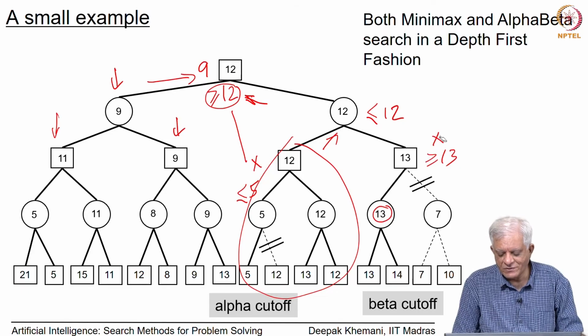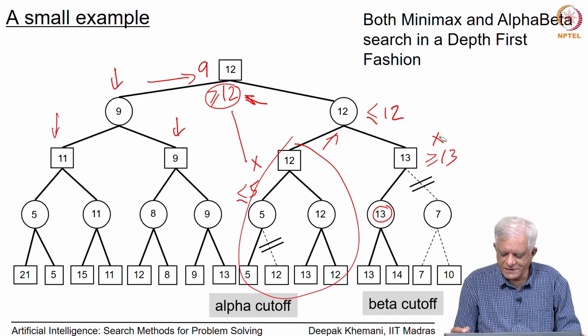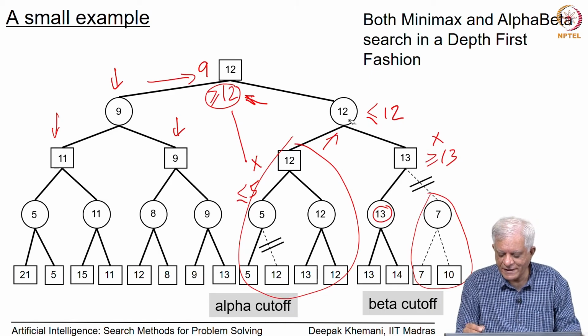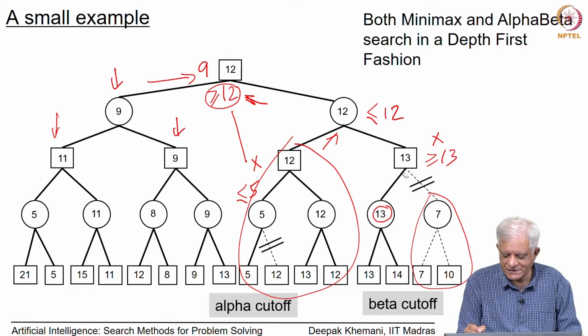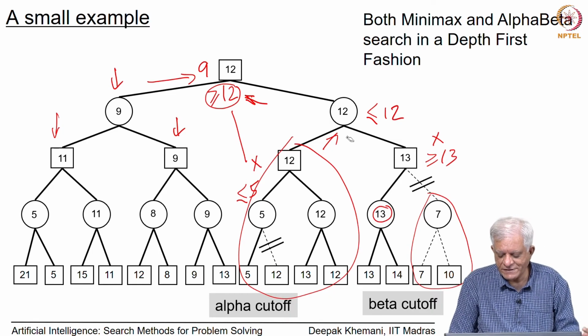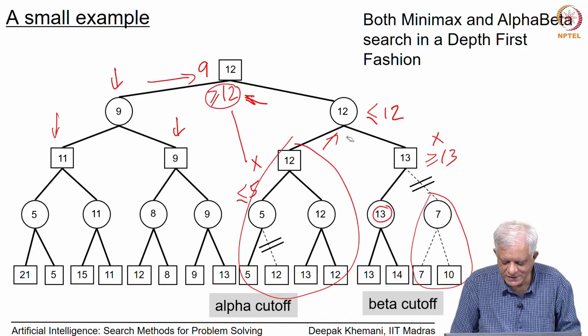I am looking for a value less than or equal to 12, and you are giving something which is 13 or more. So, no point in progressing further. Observe that the subtree below that actually has a value of 7, but this 7 is not going to influence this beta node, because max is sitting in between, and between 7 and 13 max will choose 13, and therefore, between 13 and 12 min has already chosen 12 and is not interested in a value greater than that.